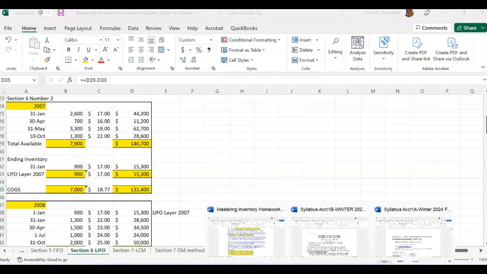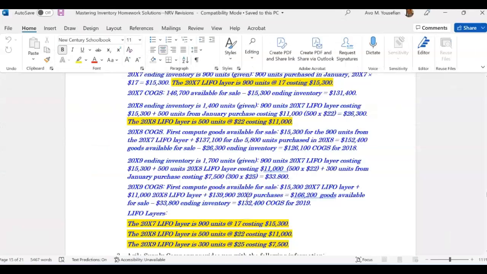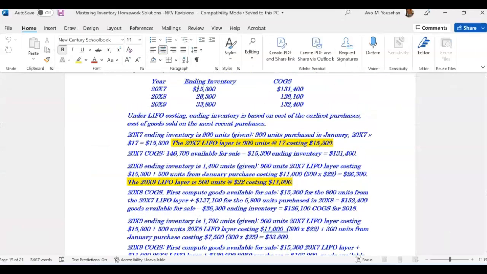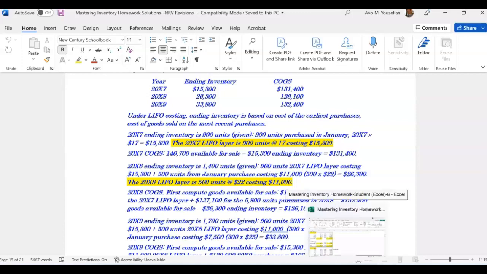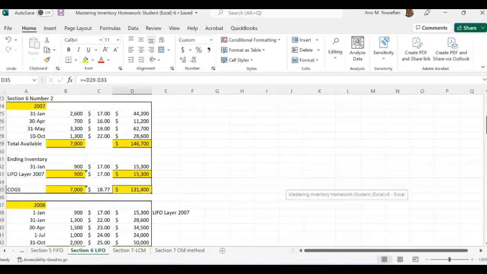So if we look at the problem here, 15,300 ending inventory, and the cost of goods sold is 131,400. Let's see if it's the same as the Excel. Yes. Makes sense? That's how we get it.